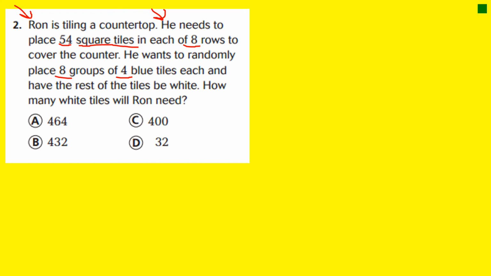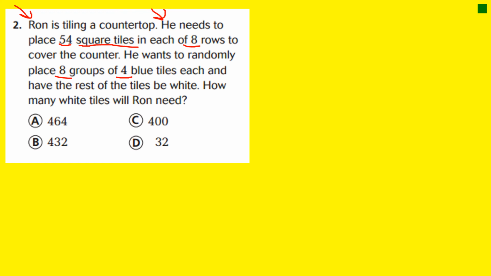He needs to place 54 square tiles in each of 8 rows to cover the counter. He wants to randomly place 8 groups of 4 blue tiles each and have the rest of the tiles be white. How many white tiles will Ron need?